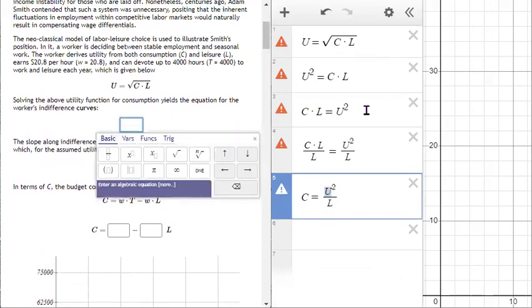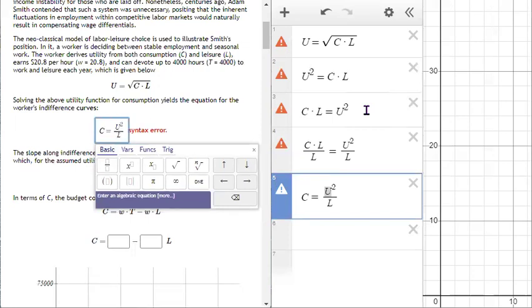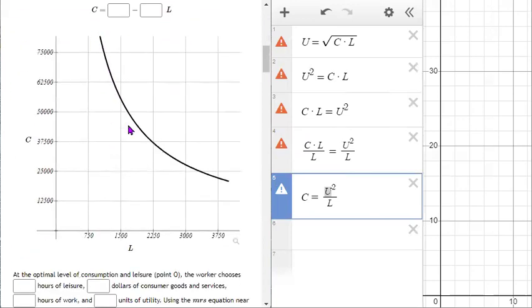So our indifference curve is C equal to U squared divided by L, right? And that produces this curve here. And the utility level on this black curve is about what? Well, with leisure about 2250, it looks like consumption is about 37,000.